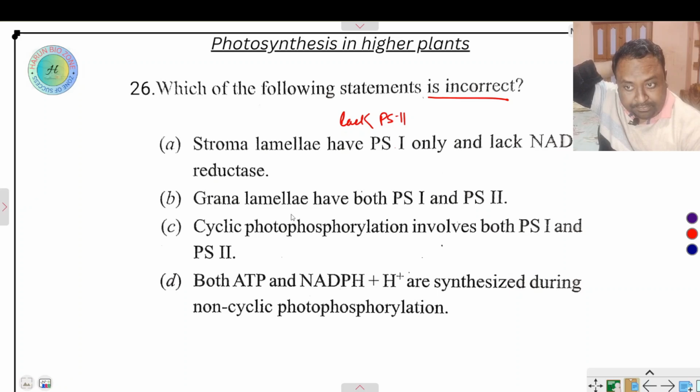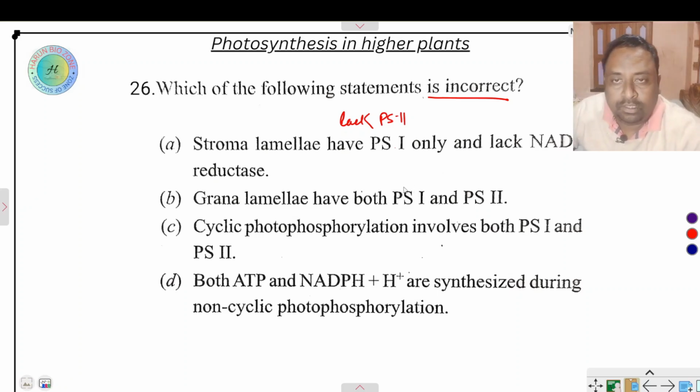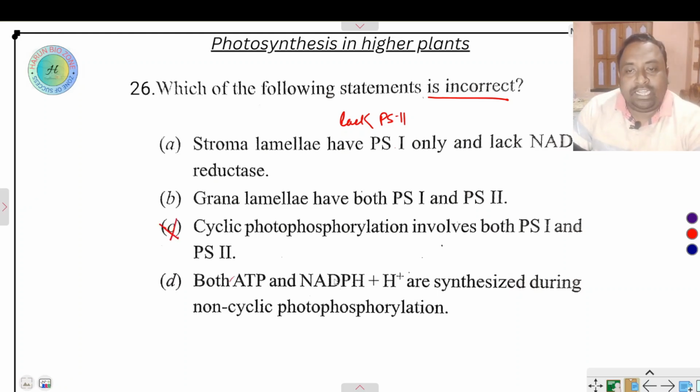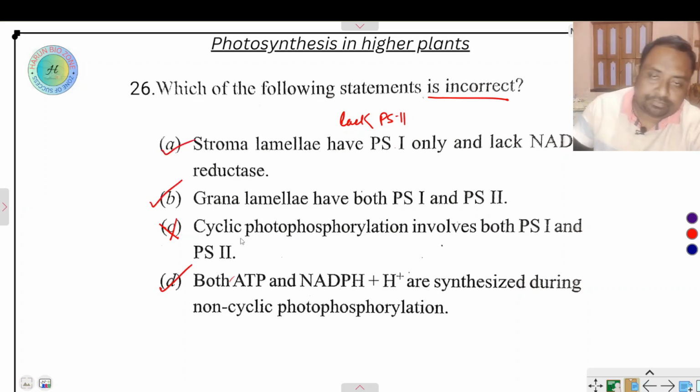Grana lamellae have both PS1 and PS2. Cyclic photophosphorylation involves both PS1 and PS2. This is the incorrect option. Both ATP and NADPH are synthesized during non-cyclic. This is the right option. This is right and this is right. The incorrect option is C.